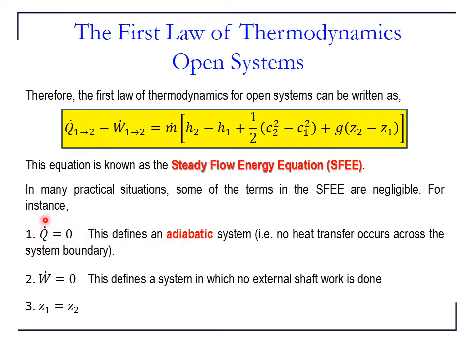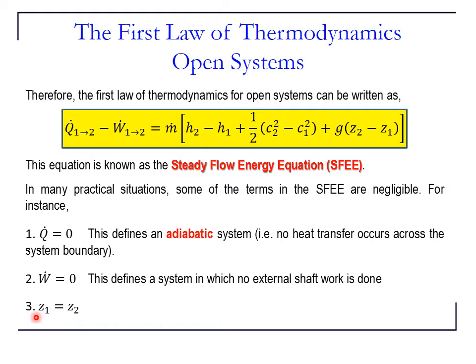So we can ignore heat transfer if it is an adiabatic system. Second, sometimes the system is not doing work to the surroundings, or the surroundings is not doing work to the system, which basically means that there's no work transfer during the process. In that case, we assume that the work transfer is 0.